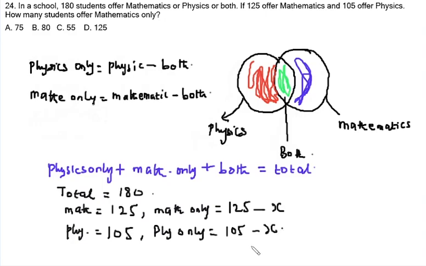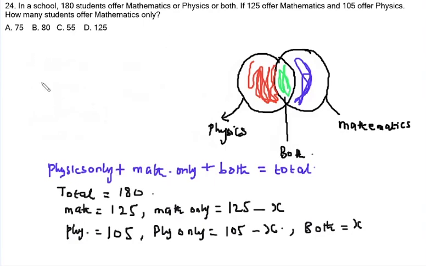Okay, so we're now ready to add up everything. So we know that people that offer both is equal to x. So we are ready to use this formula and solve our question. So let's clean up space. People that offer physics only is 105 minus x, plus people that offer math only is 125 minus x.